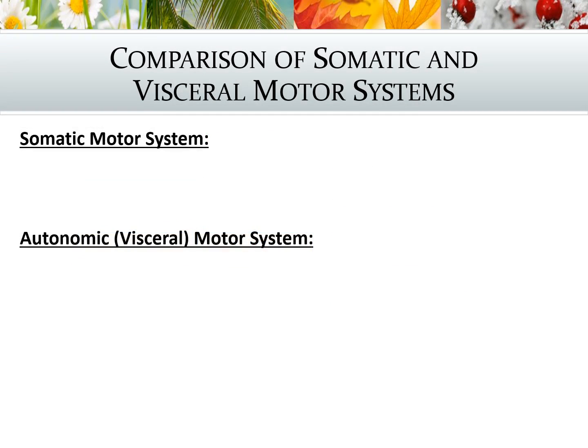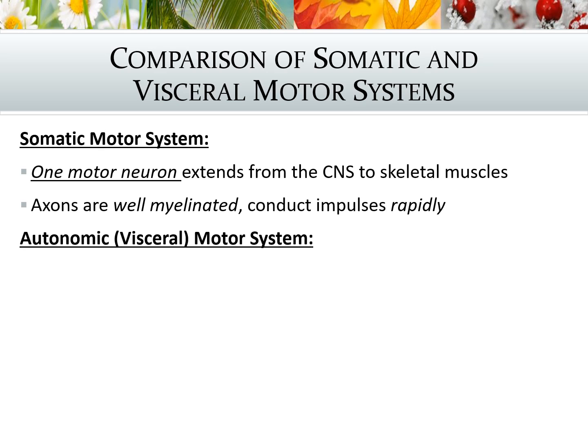Let's compare a little bit our somatic motor versus our autonomic motor, which is our visceral motor. We've talked mostly about the somatic motor system, and we've been talking about one motor neuron starting in the central nervous system, extending out to our skeletal muscles.